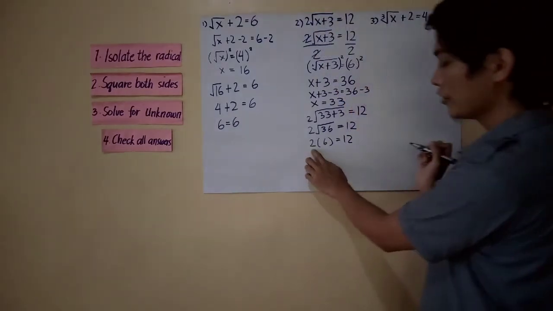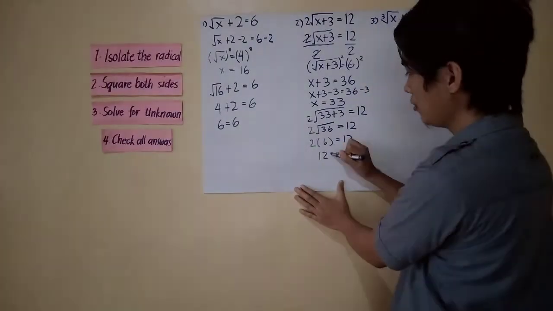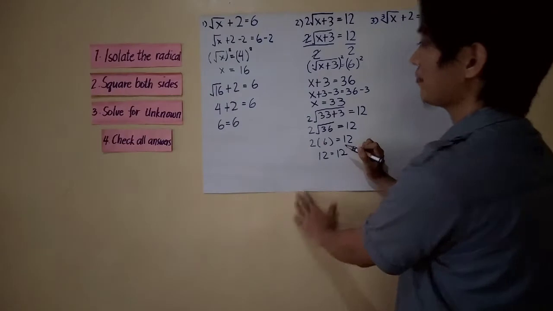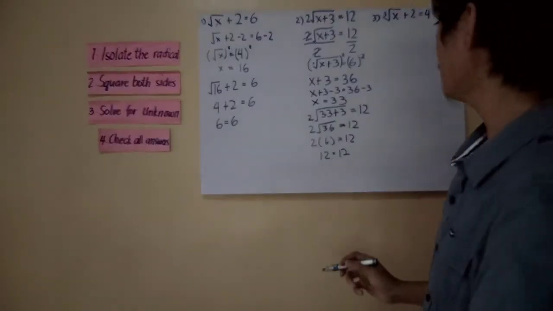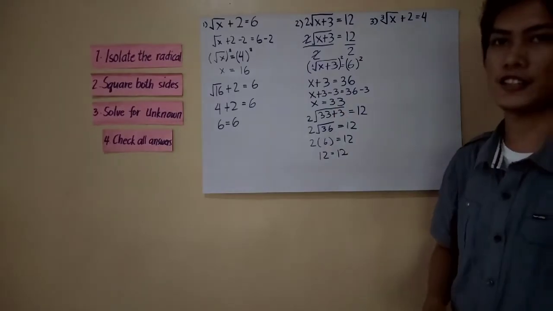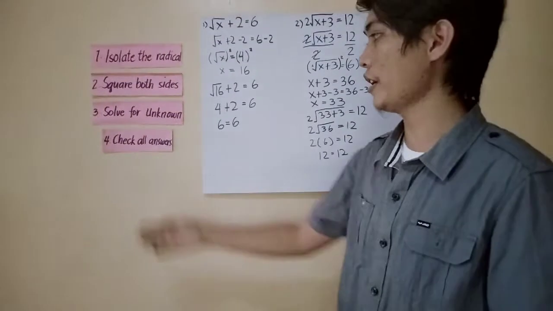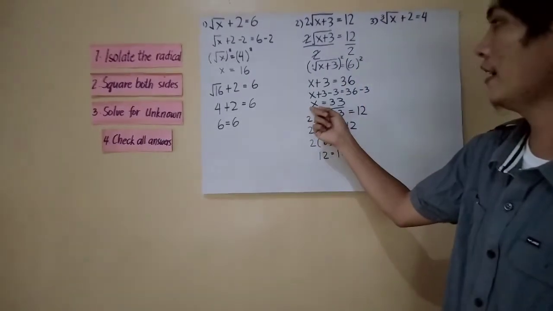Then 2 times 6 is 12. So 12 is equal to 12. Now we can prove that really the value of our x is 33, because we've checked. That's why it's really important to check all your answers after you find the x.